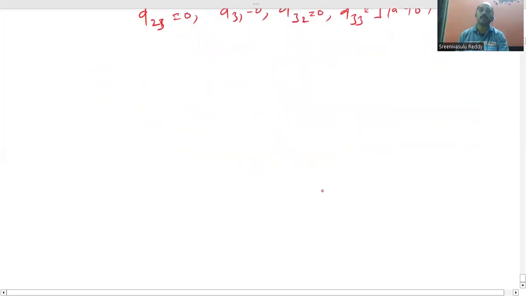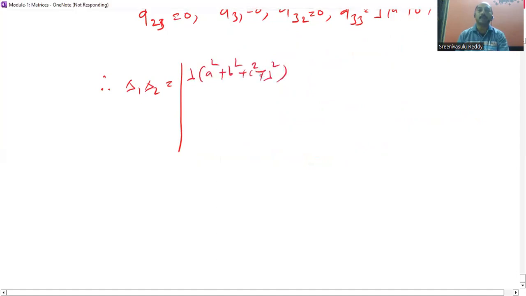Therefore, the product delta 1 into delta 2 is nothing but, first element is D11. D11 value is lambda times of A square plus B square plus C square plus lambda square. Next element is 0. Next element is 0. Here 0.